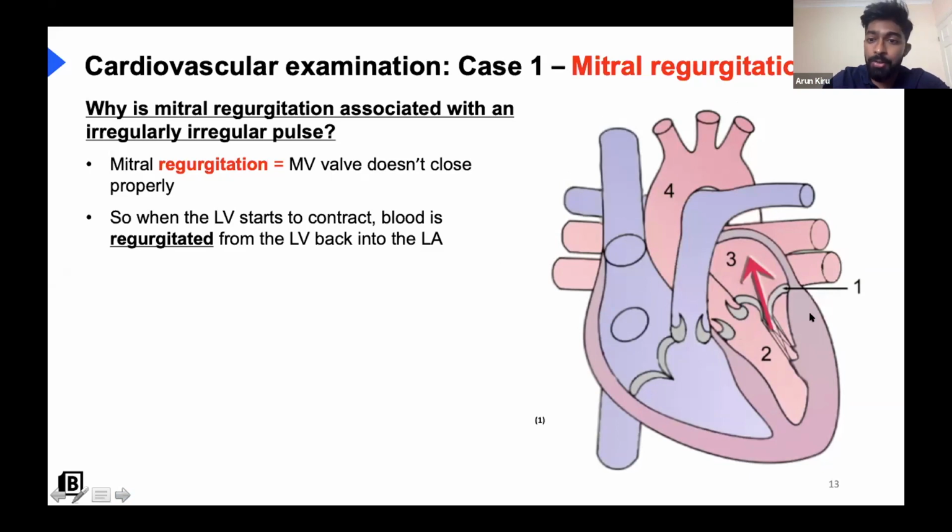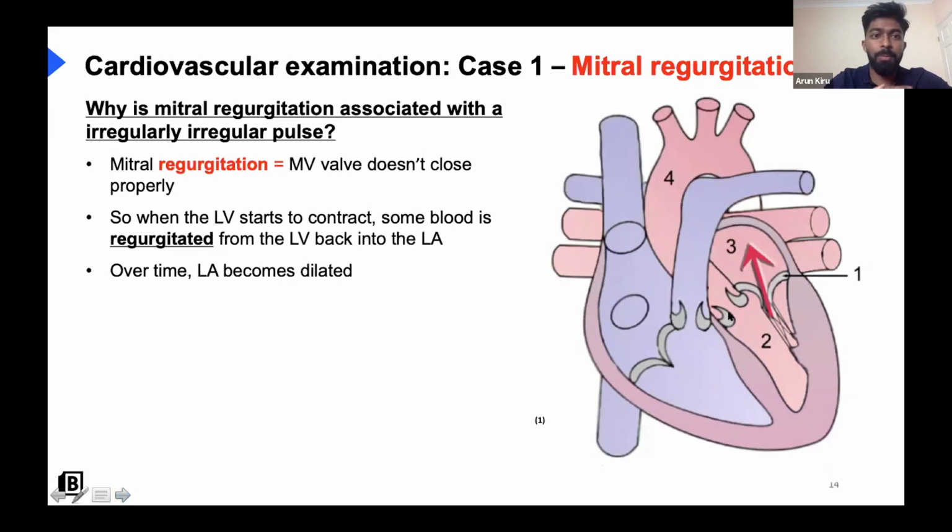However, as we said, in mitral regurg, this mitral valve doesn't close properly. So when this left ventricle starts to contract, some of the blood goes into the aorta, but some of it is regurgitated, as the name suggests, from the left ventricle back into the left atrium because it hasn't closed properly. So already you've got some inefficient pumping.